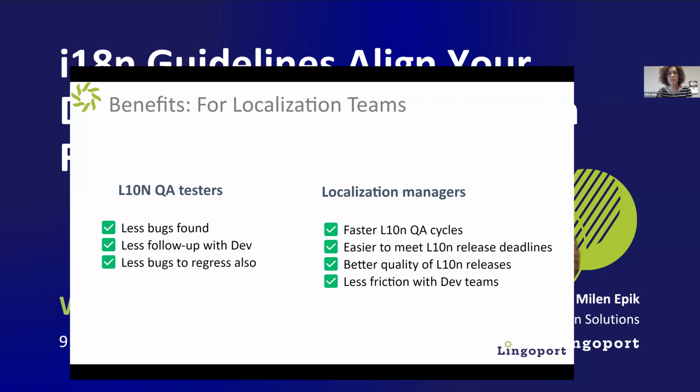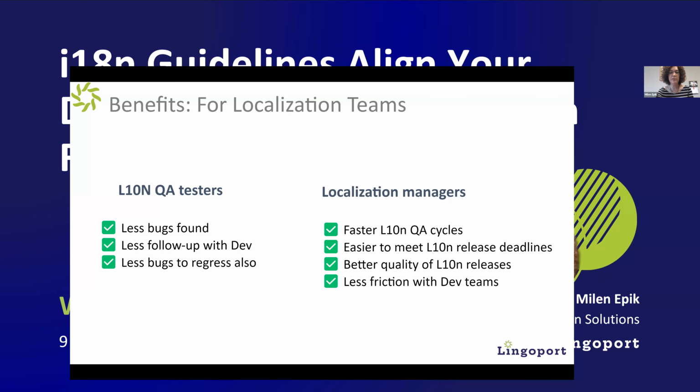Now, if you are in a localization team and you're a tester, you're going to like this because you're going to find fewer bugs, because they've implemented tested standardized solutions. Fewer bugs means less regression, less following up with devs to see if they fixed them and so forth.